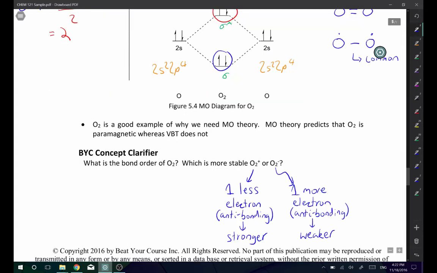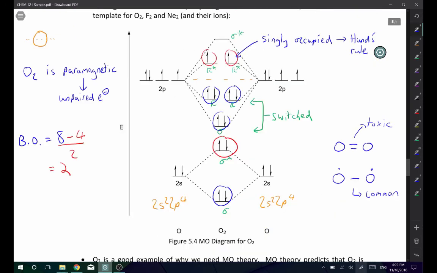So, because we're talking about stability, stronger, more stable for O2 plus. And really, just to stretch this even further, if you lost both of these anti-bonding electrons, say if it was O2 2 plus, then it would be even stronger. The more anti-bonding electrons you lose, the better. The more you gain, the weaker the bond. So hopefully that will be clear.